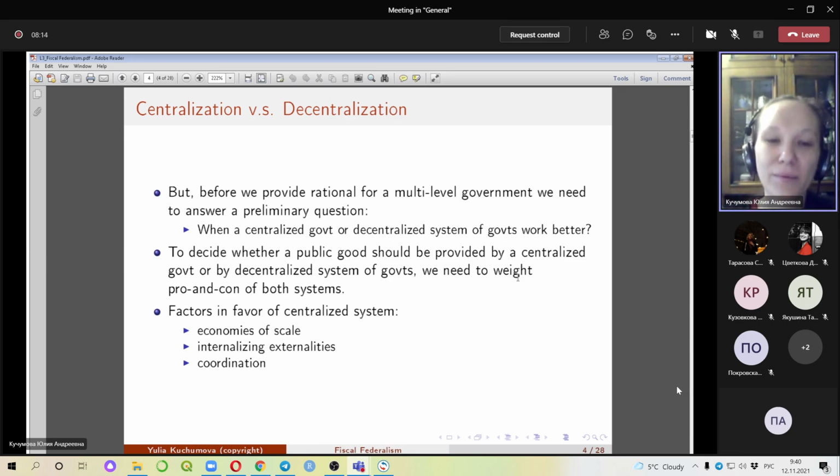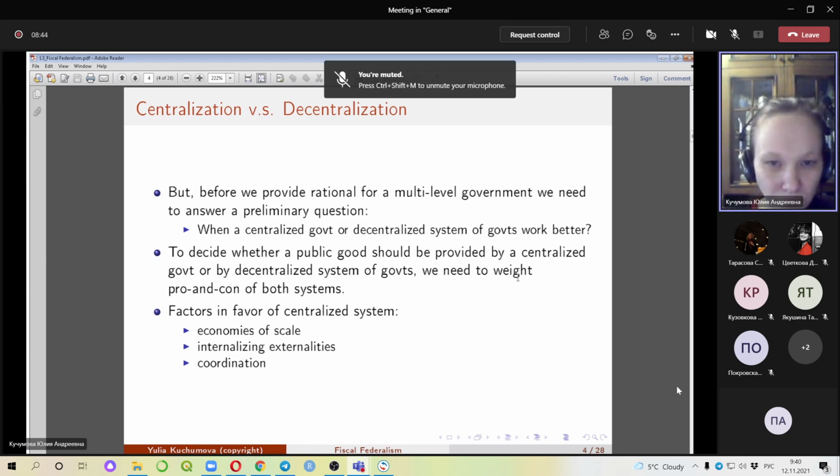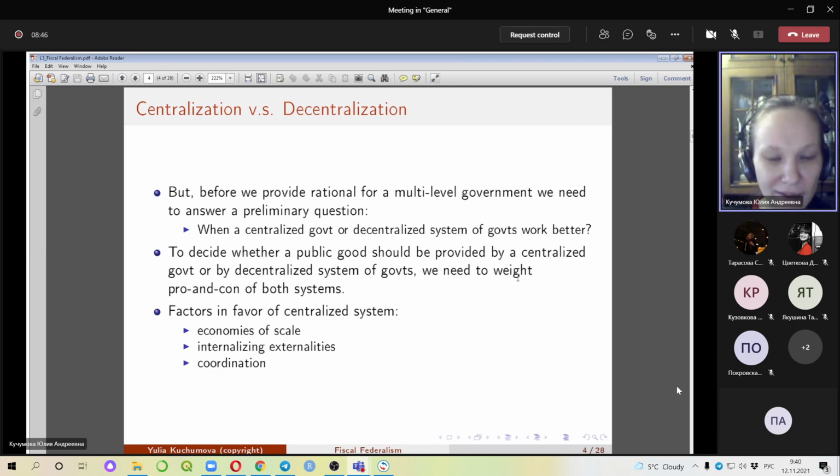We will discuss this more later, but we need to pay politicians, we need to organize their offices and stuff like that, right? So there are costs. When we have just a centralized system of government with one government, it's just cheaper.